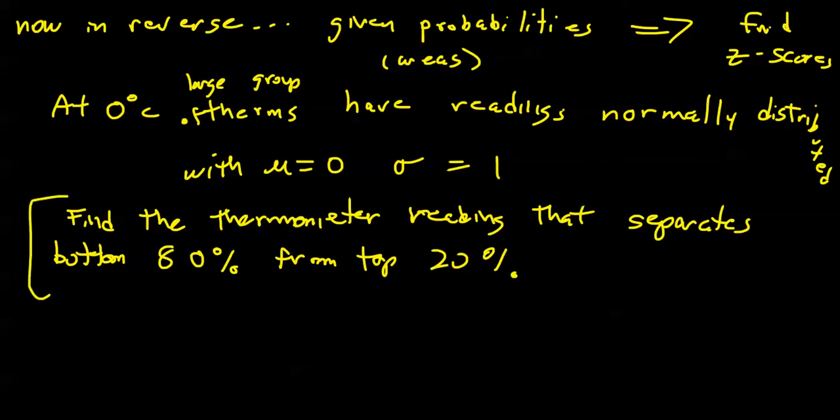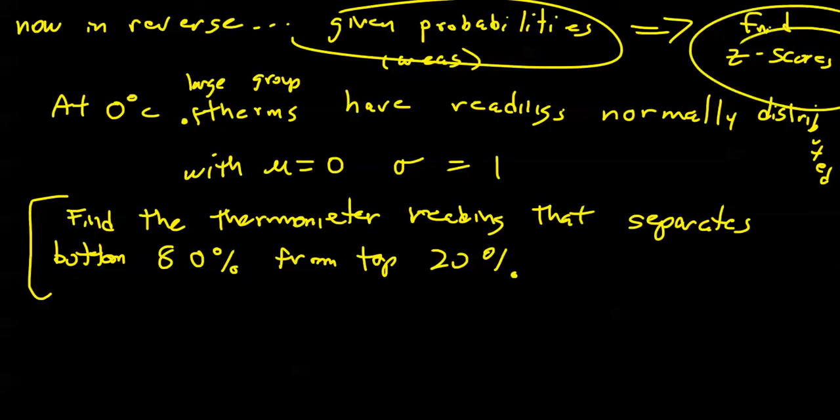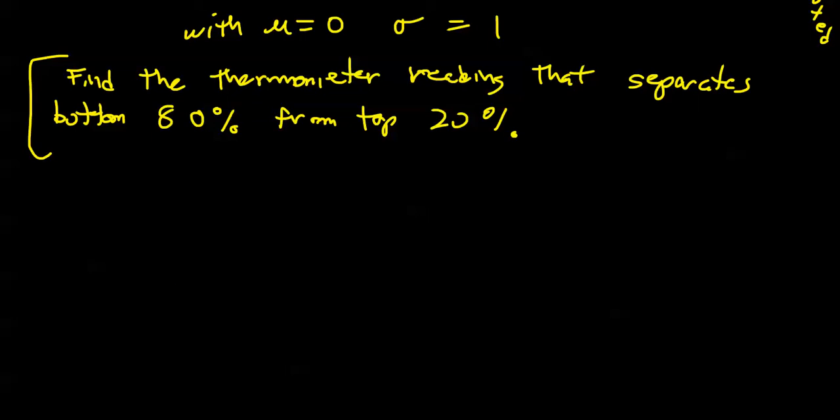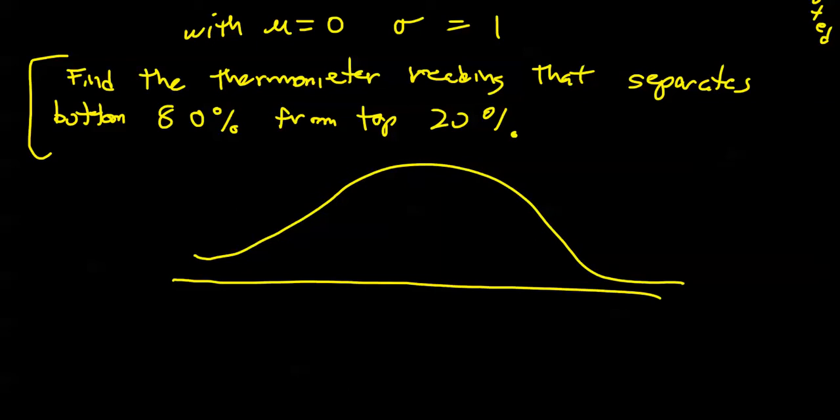Alright, so now we're working this in reverse. We're given probabilities and asked to find the z-scores. Well, what do I mean by we're given probabilities? If we want to set it up so that you want to separate the bottom 80% from the top 20%, I claim there is a z-value, there is a thermometer reading, I'll call it question mark, that separates the bottom 80% from the top 20%.